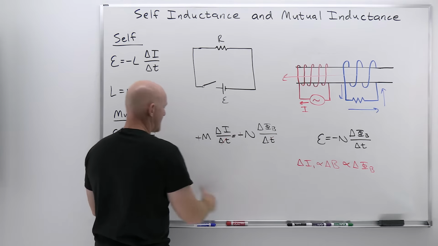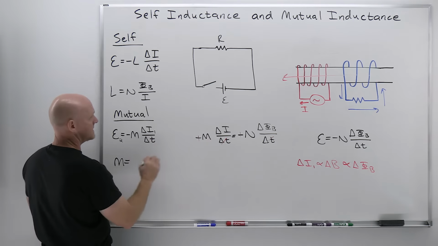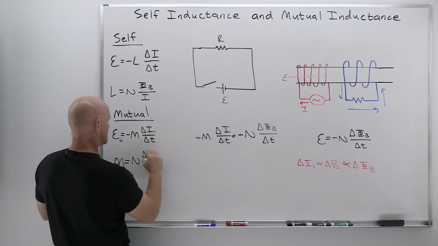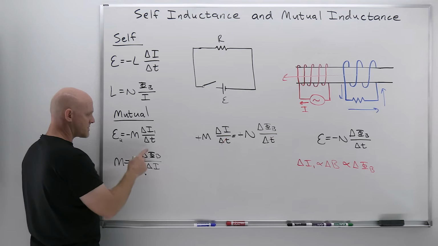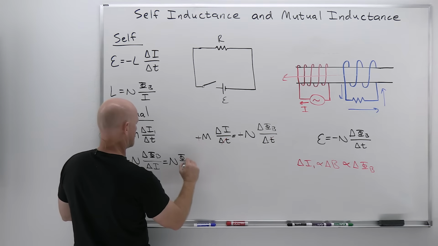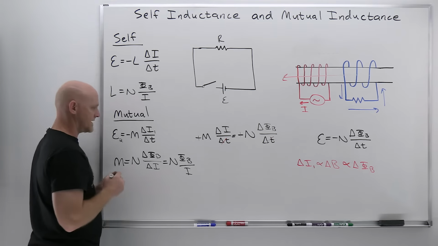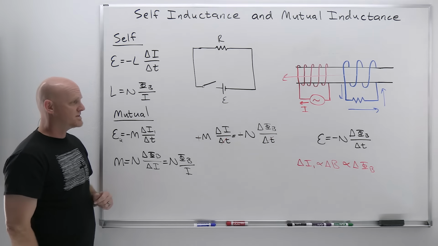And if we solve and rearrange this for M, I'll put that here. So M here is going to equal N times the change in the magnetic flux over the change in the current. And again, these changes are proportional in the same way that the original properties are proportional as well. So we can write it like so. So completely analogous to what we did with the equations involving self-inductance.